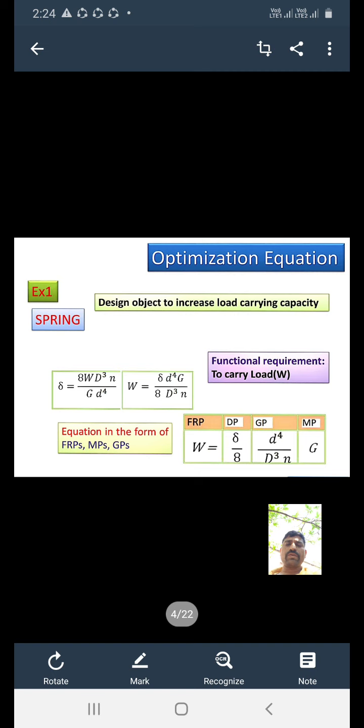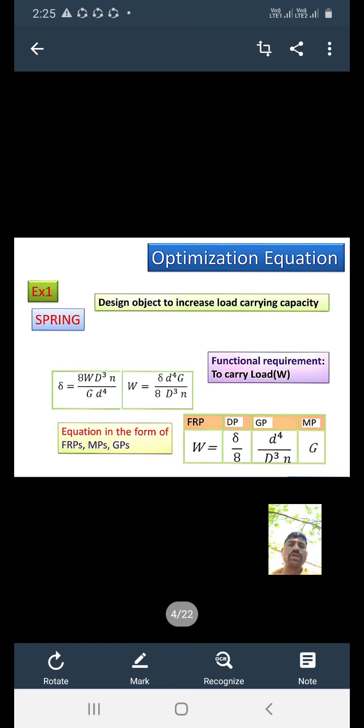The equation is in the form of first the functional requirement parameters, then the material parameters and geometrical parameters. In that equation the functional requirement parameter is W, the weight, and second is the DP, the design parameter, which comes under delta by 8.